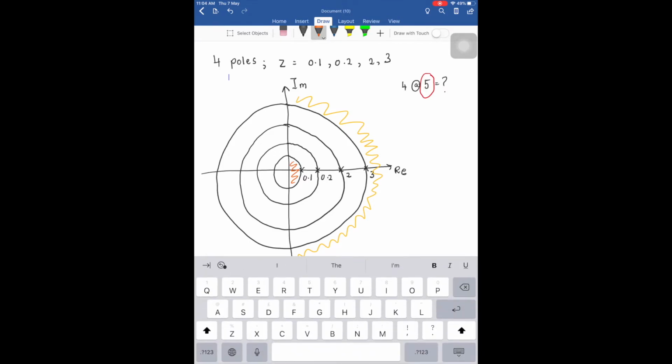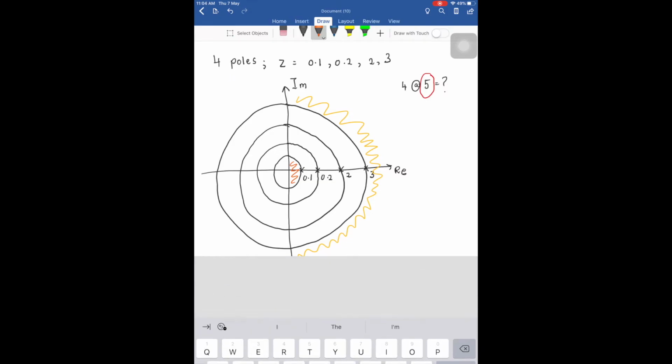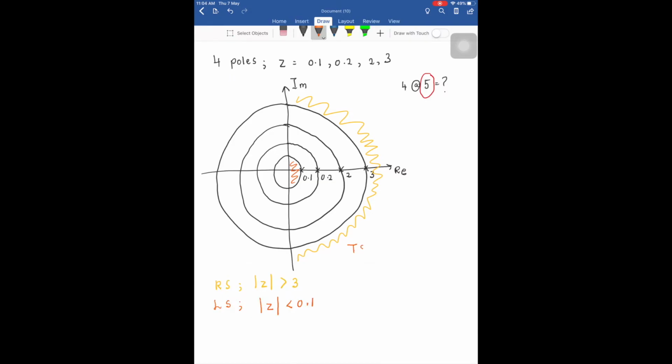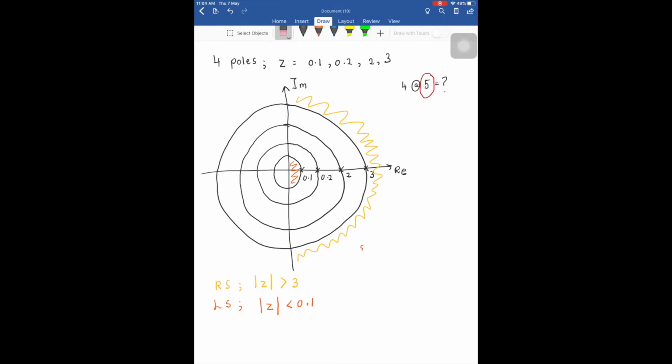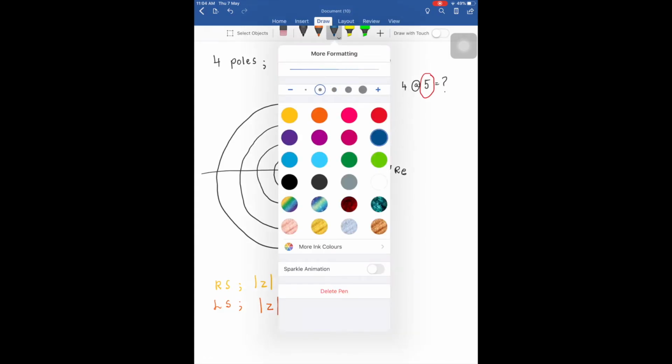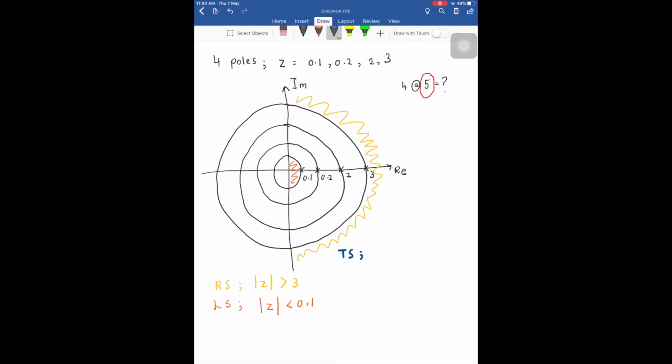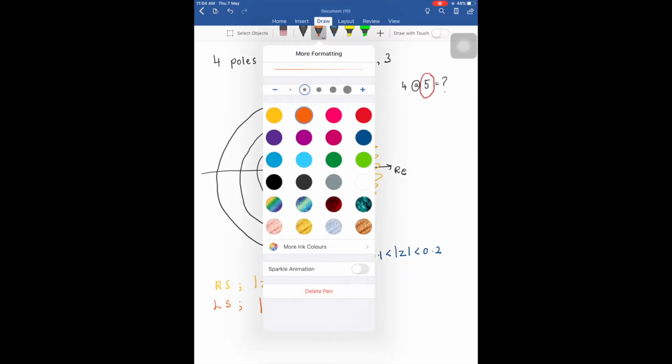But for two-sided, we're going to have 3 ROC. One is in between 0.1 and 0.2.